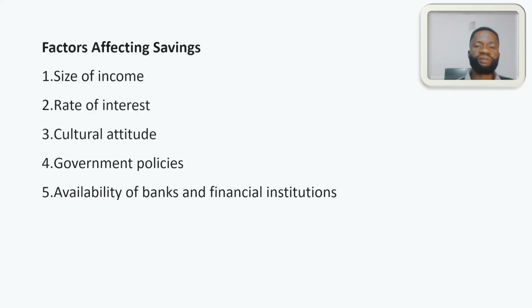But if people find it difficult to access the financial institution, probably those people in the rural area, such people will be discouraged to save. So when we have more financial institutions accessible to people in different locations, it will encourage savings. But when financial institutions are inaccessible or are few, it will discourage savings.